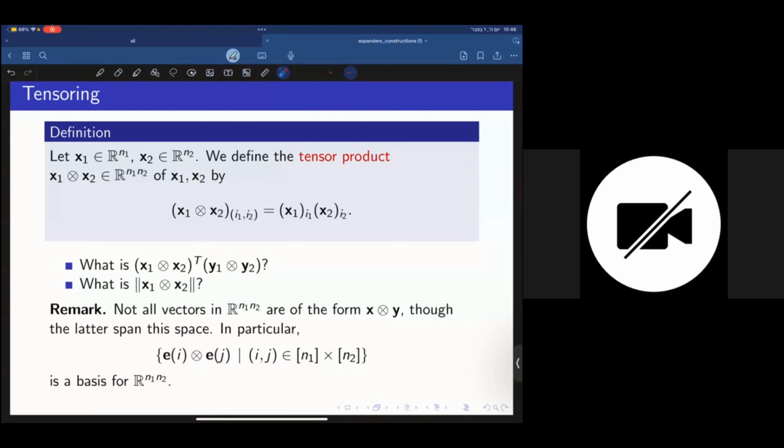There's only one world that survives, the ith one, and so there is a 1 there, and you multiply that one with ej. So the only light bulb that's on is the jth one in the ith cloud. The rest is dark, nothing's there. So this is in a sense e_ij. Anyhow, that's a basis for Rn1n2, but not all vectors are like that. Okay?